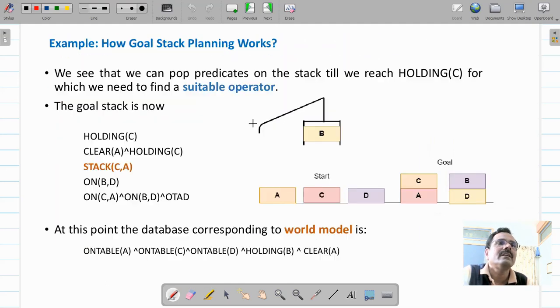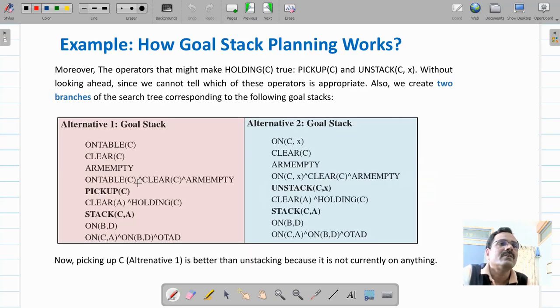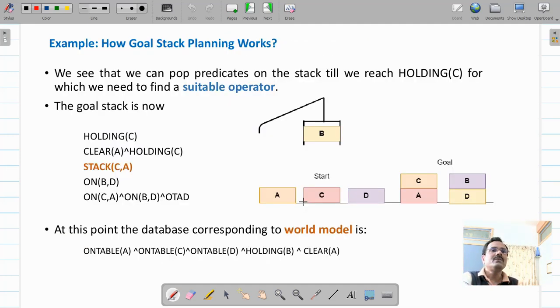So we'll have to select one of the alternatives. If you perform pickup C, the goal stack will look like what we have shown on the left hand side. If unstack CX is chosen, then the goal stack is shown on the right hand side. So here you will have to use a heuristic to select which operation to use to make this holding C true.